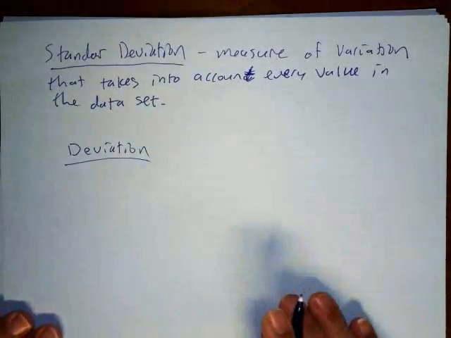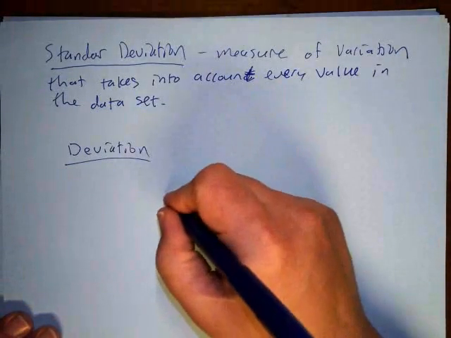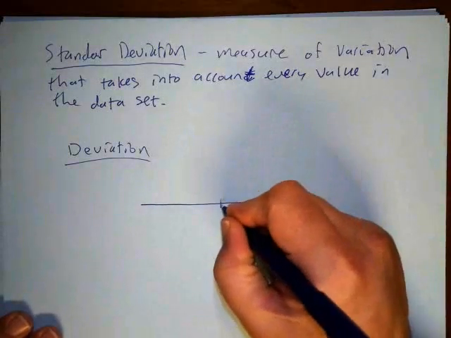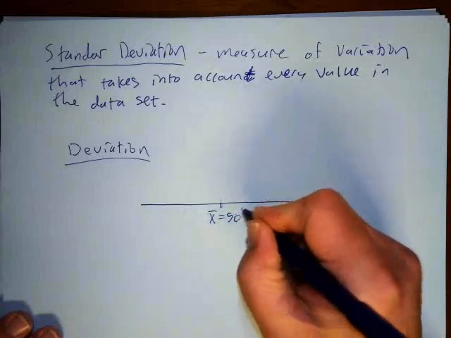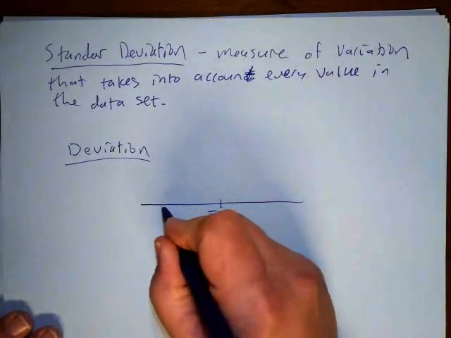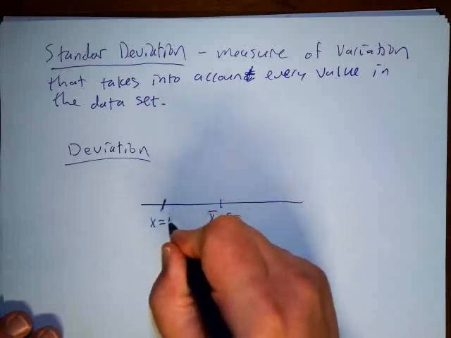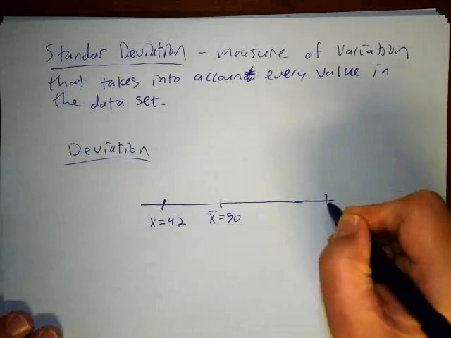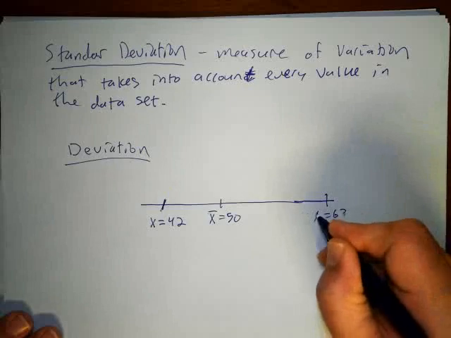So let me give you a way of thinking about what a deviation is. Suppose you have this data set, and the mean here is equal to 50, and then you might have an x value down here, maybe this x value is equal to 42, and then you might have an x value way up here, maybe this x value is equal to 63.